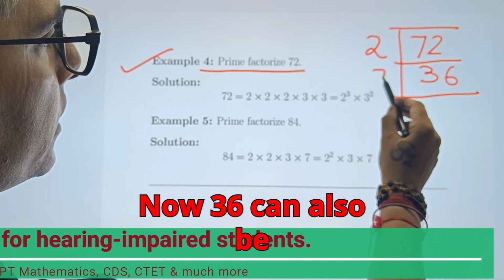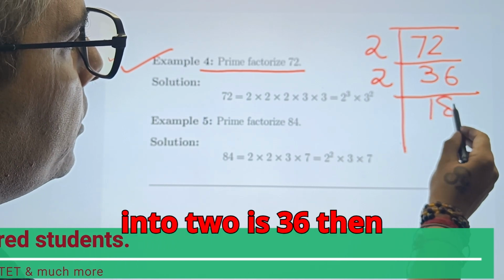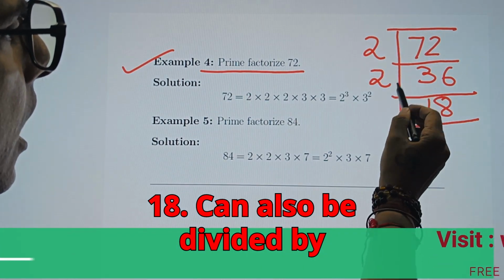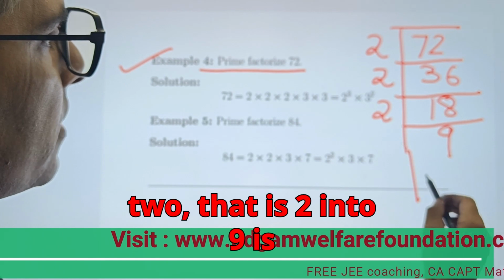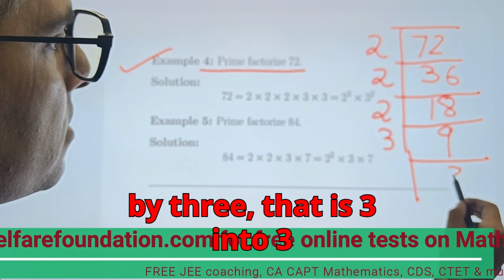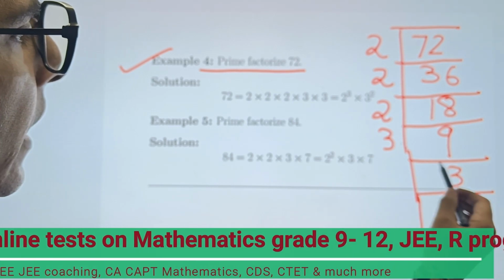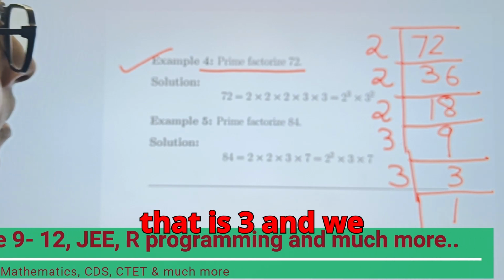Now 36 can also be divided by 2, that is 18 into 2 is 36. Then 18 can also be divided by 2, that is 2 into 9 is 18. Now 9 can be divisible by 3, that is 3 into 3 is 9. Now 3 can only be divided by itself, that is 3.